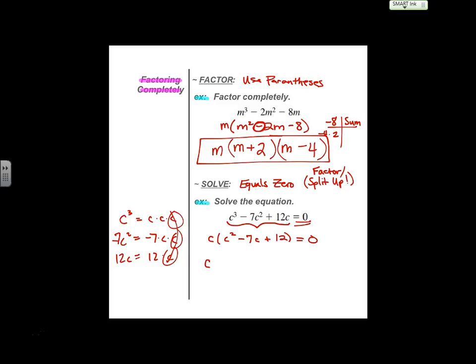The last sign is positive. The signs are the same. And what are those same signs? Look at the middle. Don't I have to have some negatives? Since there's no number in front, can't we just do C and C? Can you use factors of 12: 1 and 12, 2 and 6, 3 and 4?